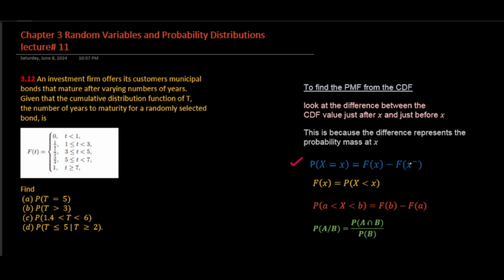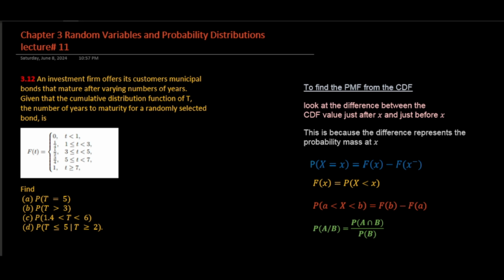So whenever the CDF is given and you are asked to find the probability of a single value, you just write the CDF of x minus the CDF of x minus. This is a very important formula for a discrete random variable. Remember, F of x represents the cumulative distribution function at x, and F of x minus represents the cumulative distribution function just before x.